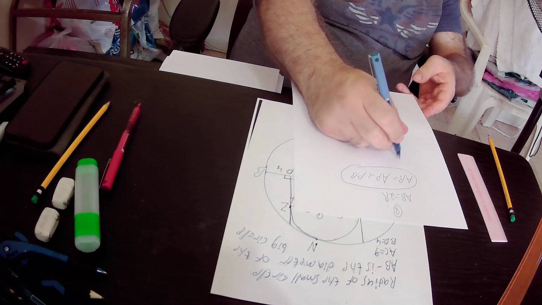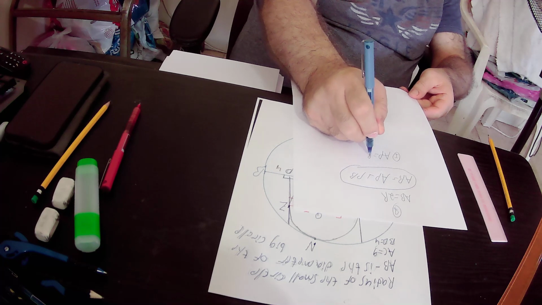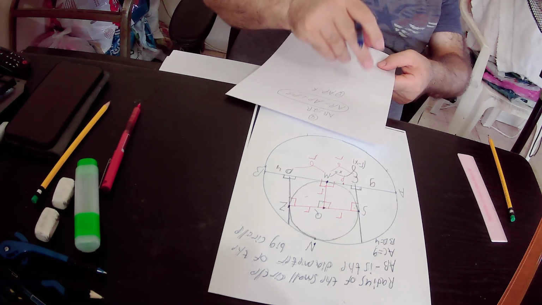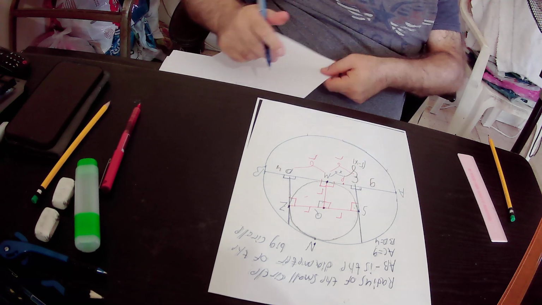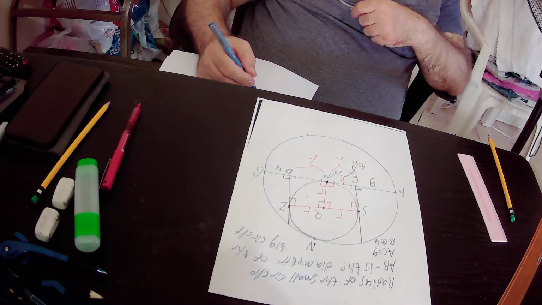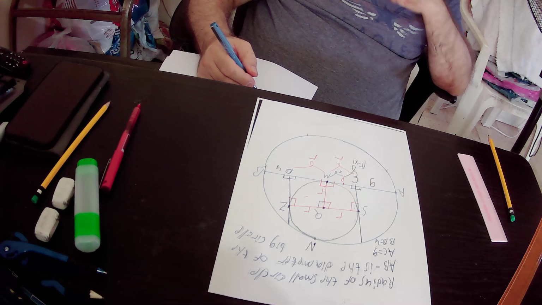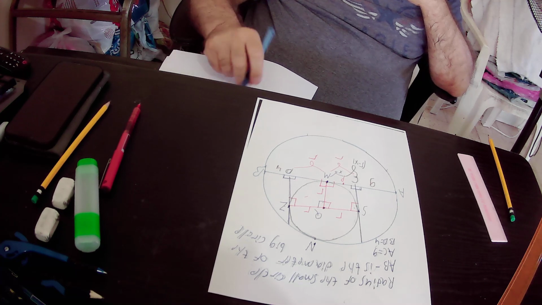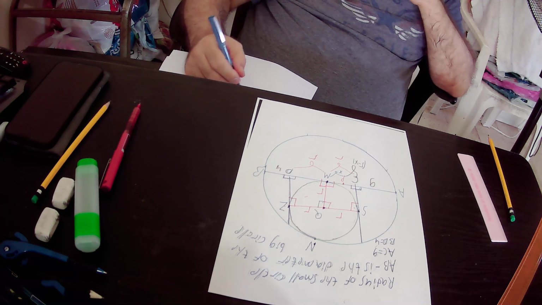We know that AP equals capital R. AP is the radius of the big circle, so we can substitute AP by capital R, and we will get that capital R, that equals AP, actually equals AC plus CP.